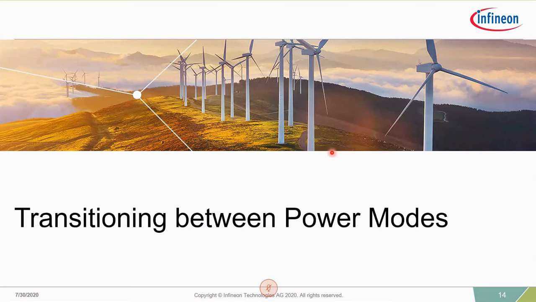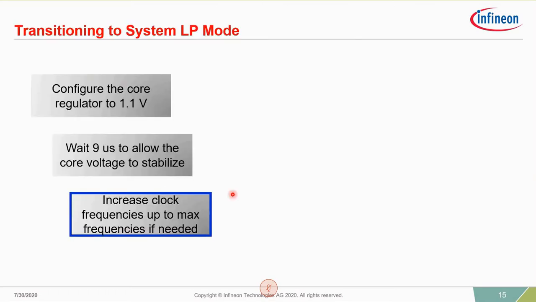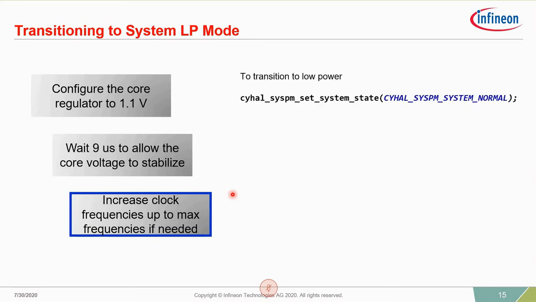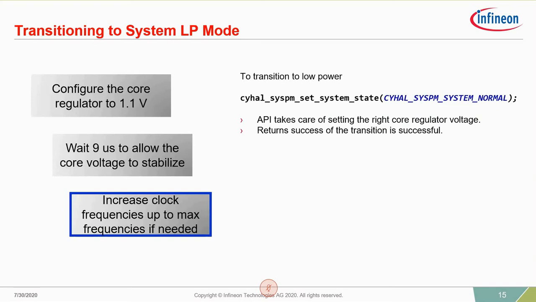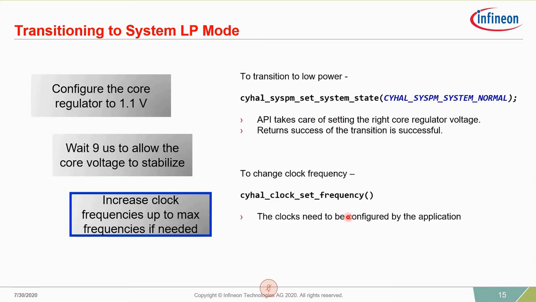It can increase the clock frequencies up to the maximum clock frequency to obtain maximum performance from the processor. And for all this, you can use the HAL APIs, and this API can be used to transition to low power, and to configure the clocks, you can use the cyhal_clock_set_frequency. I have used a blue outline to differentiate the step that is required to be taken by the application.